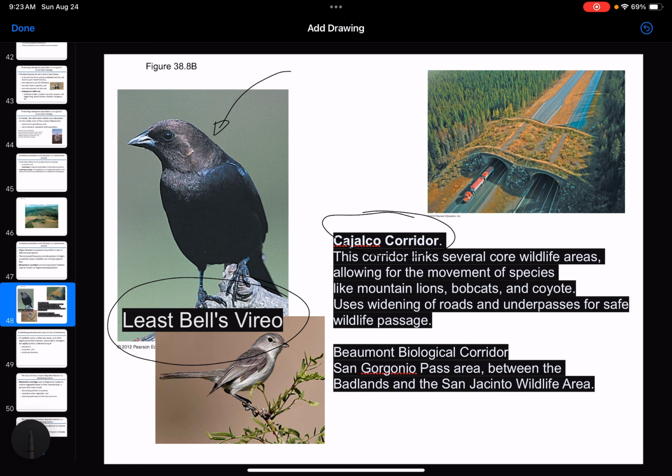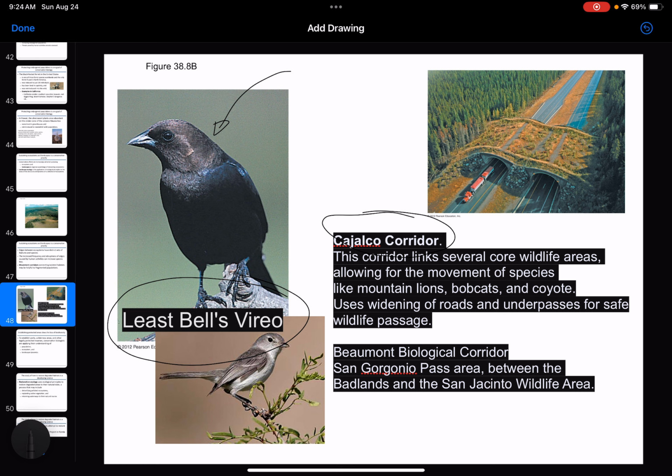If they're made narrow and cars are driving by them, then it just increases the odds of potentially hitting one of them as they're crossing. But if they're wider, then it makes it more comfortable, easier passage for them.